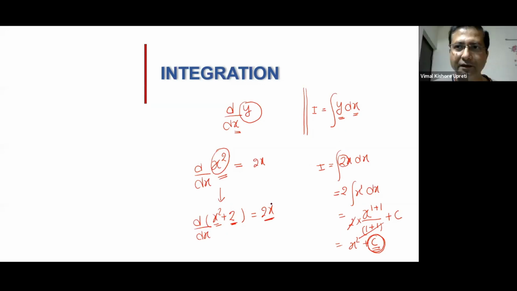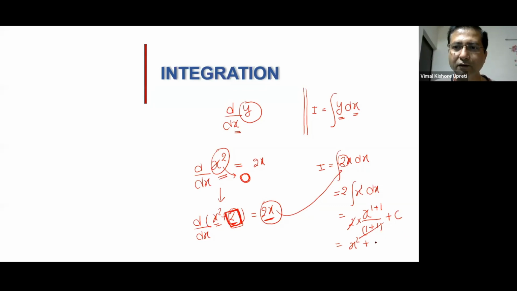That means when we retrieve the function after integrating 2x, there can be a constant here which will have a non-zero value. In the first case, this constant will have value 0. In the second case, this constant has value 2. So as initially we won't know the value of this constant, we just write it c.